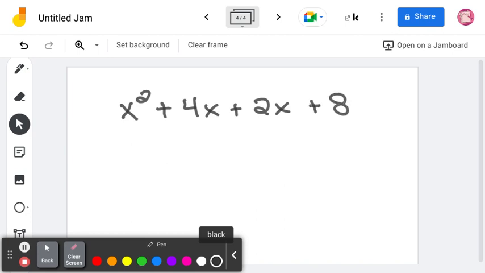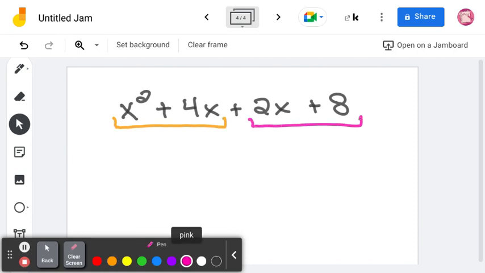Hopefully this works out. So we have 4 terms. We're not simplifying this. We are not combining like terms. So you're not going to turn this into x squared plus 6x plus 8. You're just leaving it. When you're factoring, you're breaking things up. So I'm going to group these: first 2 terms, second 2 terms.